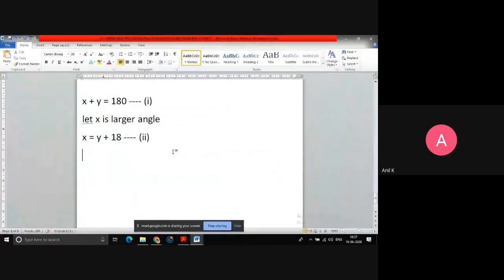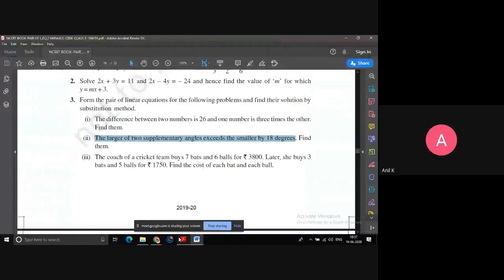If y is 81, then x will be 81 plus 18. Then you can get whatever the x value is. They are easy, right?